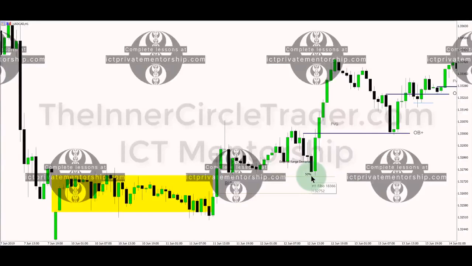There's your midpoint right here. Okay, so 32.752. The low comes in at 32.75 and 1 pipette off, 3. This is all you need plus spread.